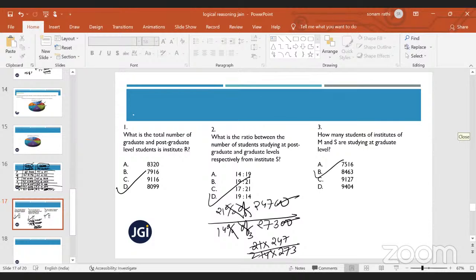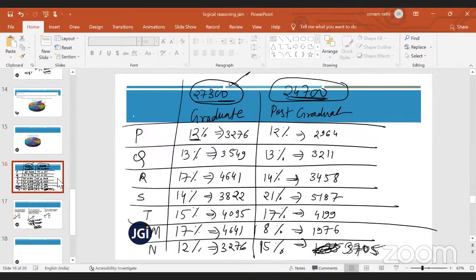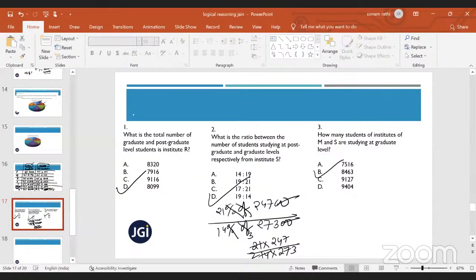Question number 3: M and S at graduate level. Just add M and S. Once you add it, you will get the correct answer. Not difficult. Okay, next questions.